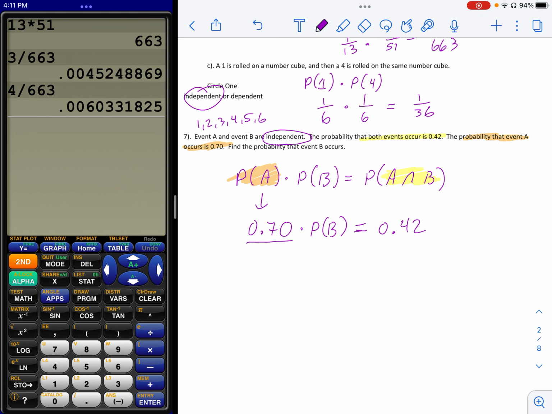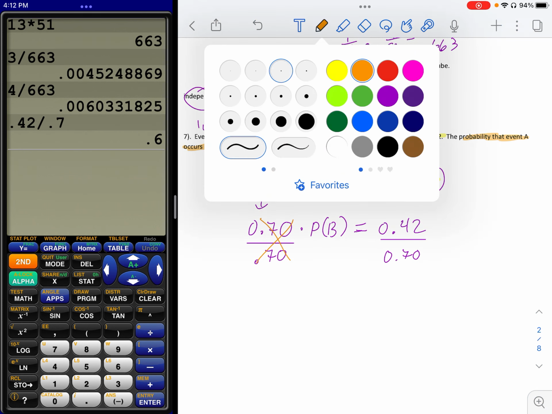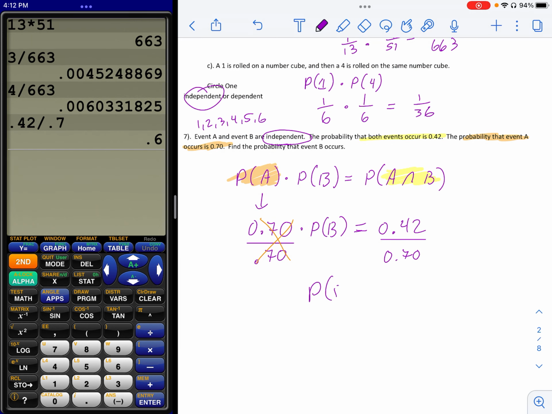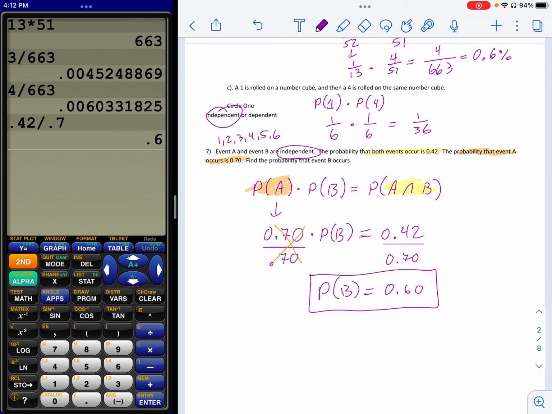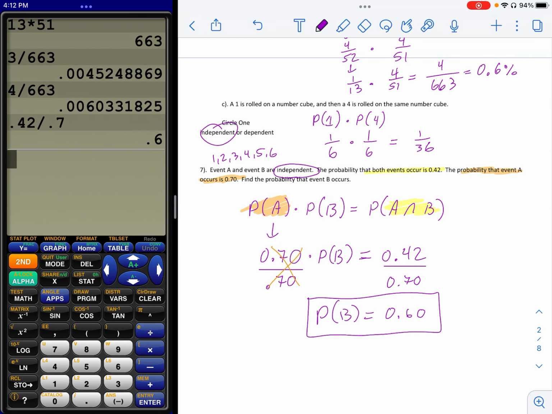I'm just going to divide by 0.70 on both sides, and I'll have it. So 0.42 divided by 0.70 is 0.60. So the probability that B happens or occurs is 0.60. All right, folks, that's all we wrote.